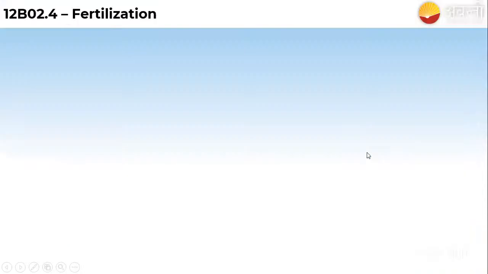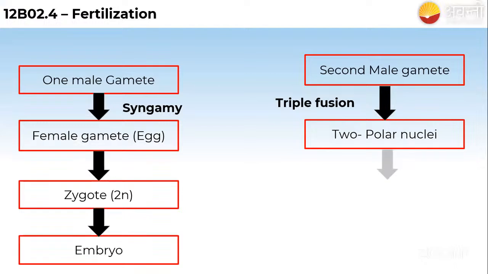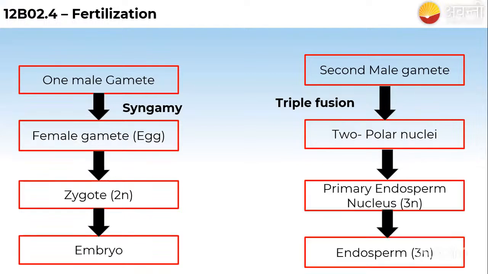Okay, fine, guys. I think we understood this, no need to explain. If you have not understood clearly, you can make this diagram stepwise. One male gamete fuses with the egg, and because the egg and male gamete are both haploid, it forms a diploid.